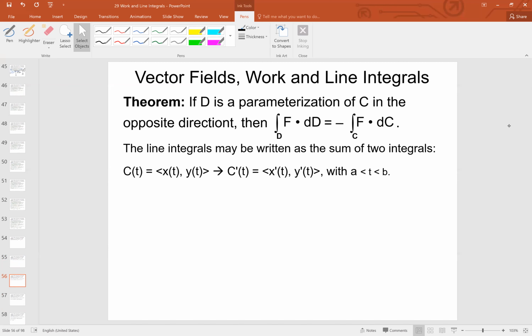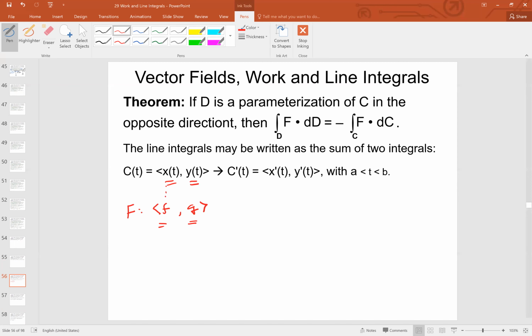And this notation used for the curve itself has two components: the i component and the j component. The vectors of the force field, which are F and G, also have two components at each point.